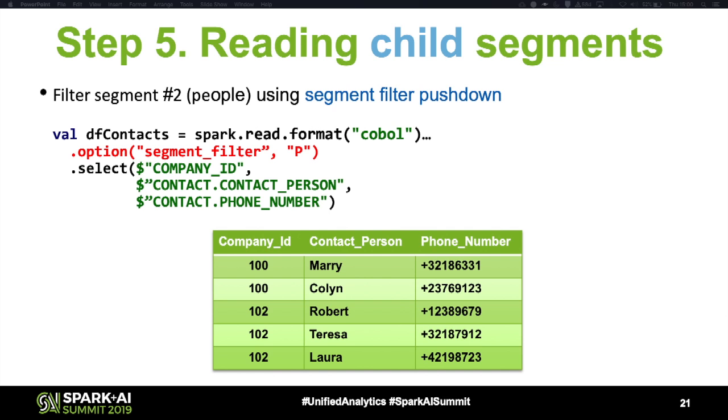We can do the same for child segments, but this time we'll use Cobrix-specific predicate pushdown. We can specify the Cobrix option segment filter equals P. When you do that, Cobrix will filter out segments during parsing time, so it won't parse all of the segments. It will just keep the records for which the segment matches. So it will work faster.